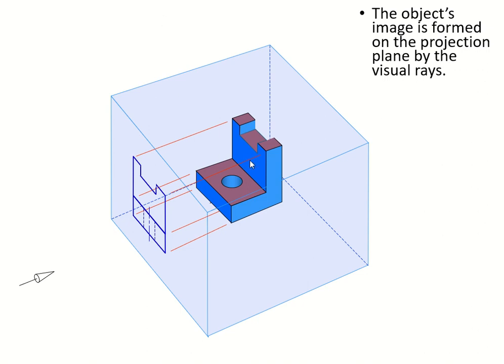So now you got it. You have your 3D. We use the visual rays that are out there in nature, and we capture it on this, or in other words, project it on this plane, and we get a 2-dimensional image on it.